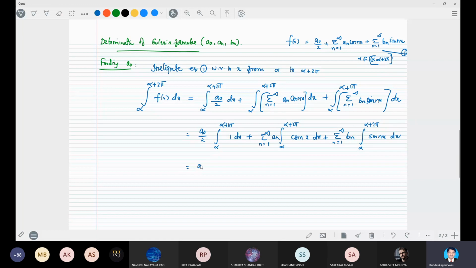So can anybody say what is the value? Integral of 1 dx is x from alpha to alpha plus 2 pi, plus 0 plus 0. This is 0, this is 0, right?